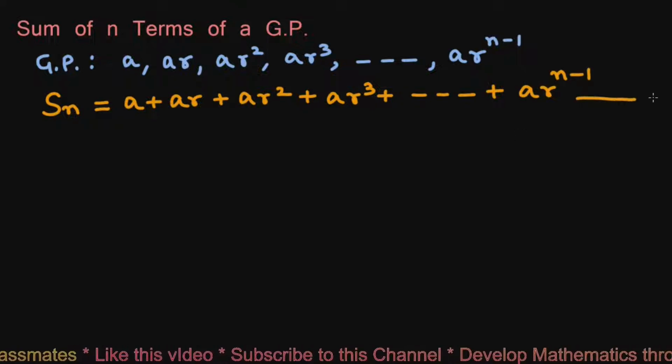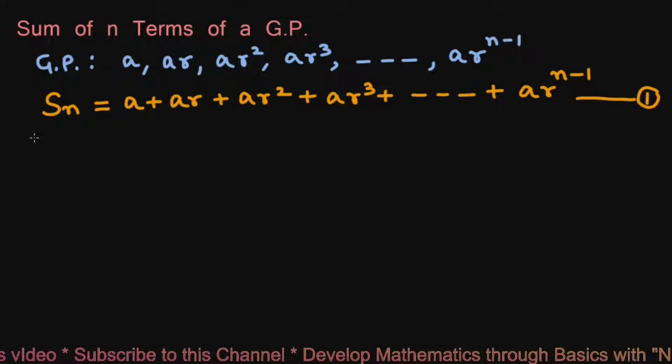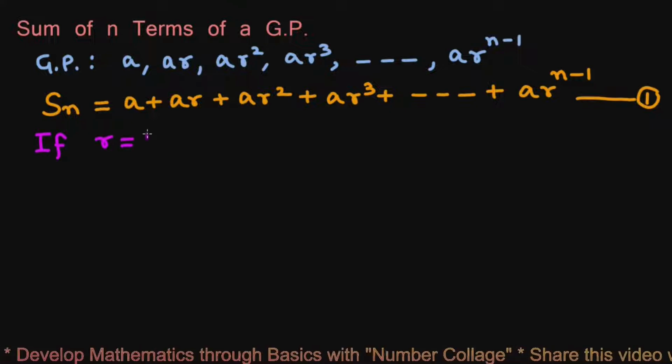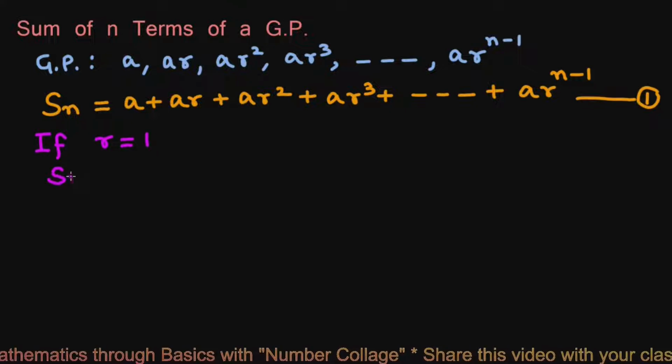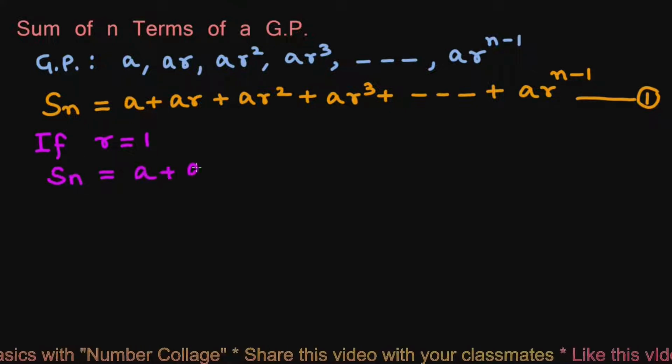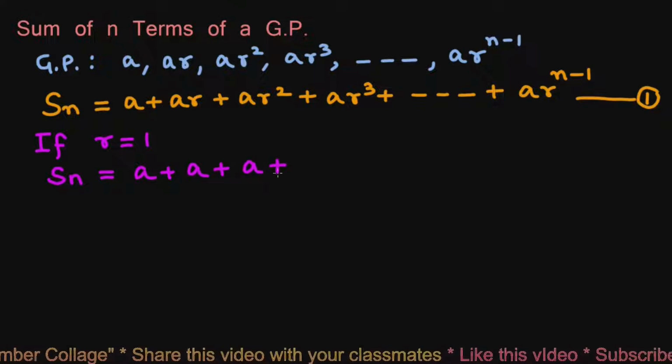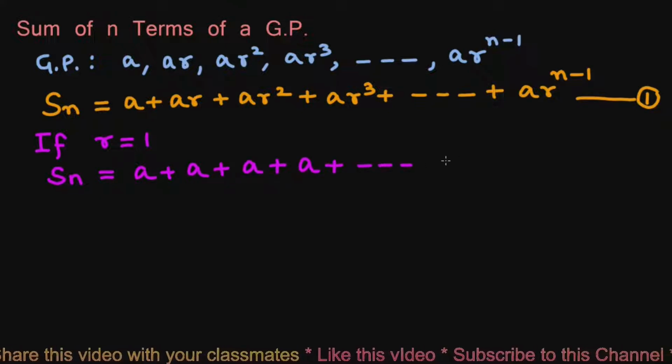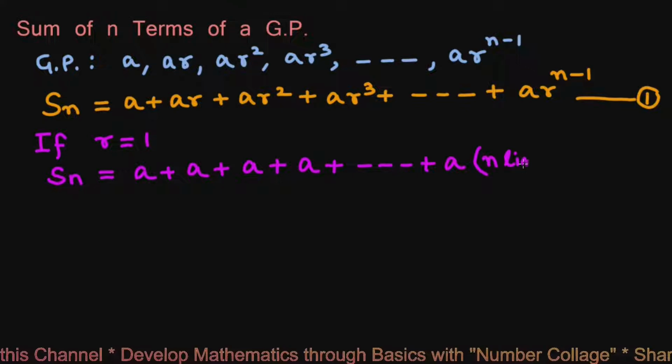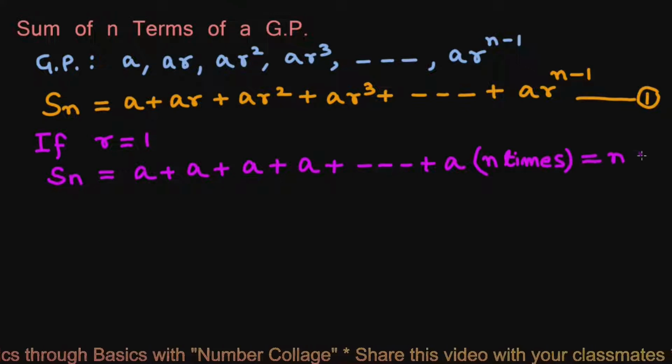We will name this equation 1. Now if common ratio r is 1, then Sn will become a plus a plus a plus a and so on and so forth plus a n times, and it will be na.